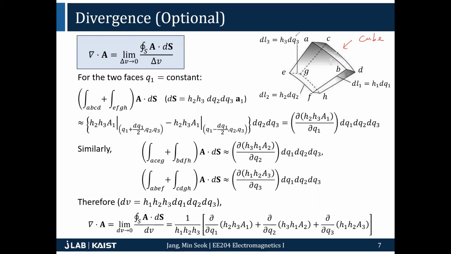So like in here, I would say this is your coordinate axis 1, the Q1 axis, and then say this is your Q2 axis, and then this is the Q3 axis. Is that the right way? No, it's the other way around. This should be the Q3 axis.